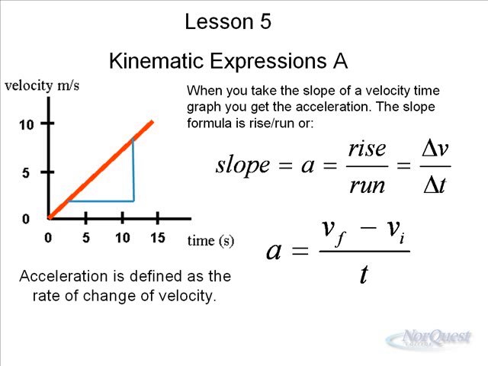So acceleration is defined as the rate of change of velocity. All right, the rate of change of anything is usually something over time. Your rate of pay is how many dollars you get over the time that's elapsed. And of course, this is your first equation. A is equal to VF minus VI over T is the first equation for accelerated motion.